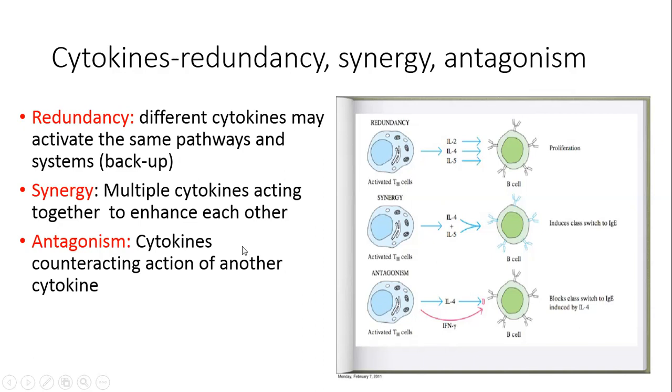So antagonism really means the action of one cytokine can influence or counteract the action of another. In this case, that same interleukin 4 that we just saw will cause a class switch when it finds its target receptor on a B cell. Remember we said that it can induce a class switch from IgM to IgE.